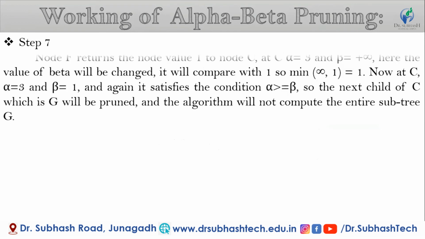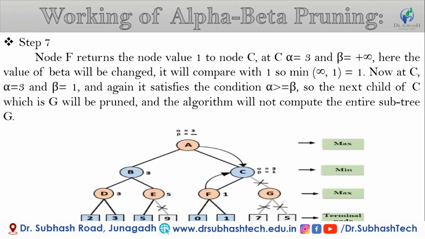Now we have seen step number 7. Node F returns the node value 1 to node C. At C, alpha is equal to 3 and beta is equal to plus infinity. Hence, the value of beta will be changed. It will be compared with 1, so the minimum of plus infinity and 1 is 1.